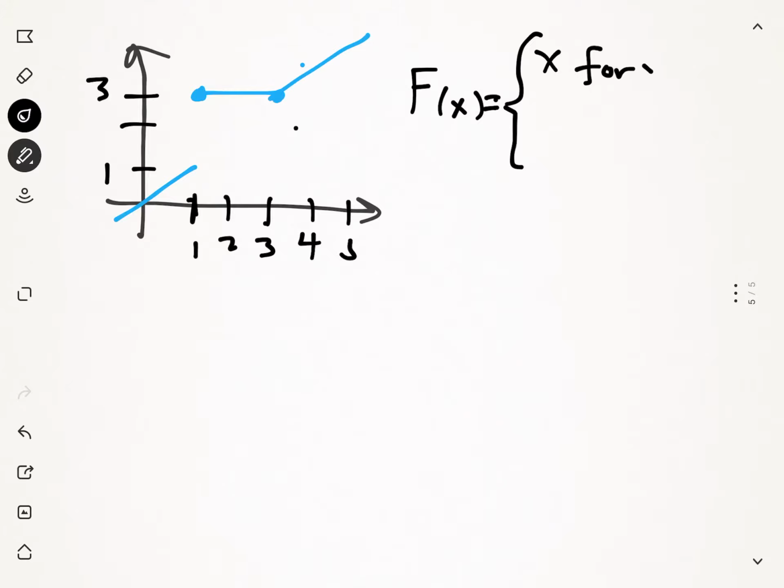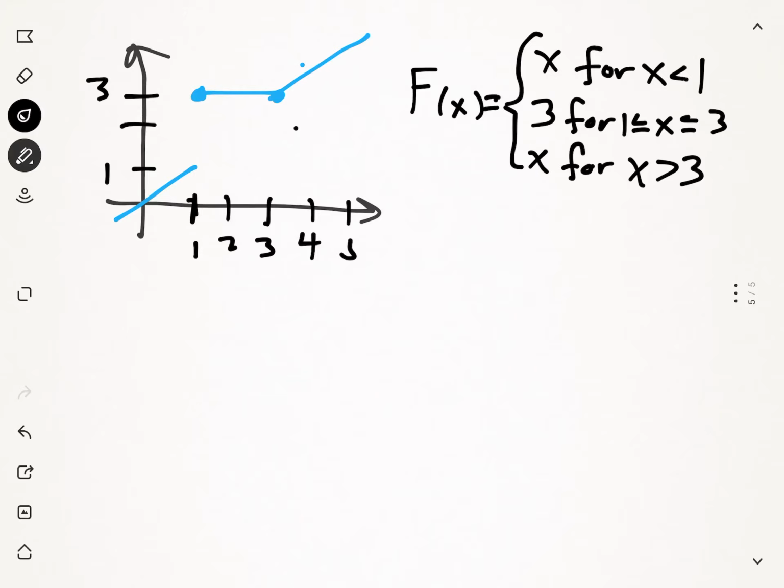The conditions are x is less than 1, x is between 1 and 3, less than or equal to 3, and x for x is greater than 3. All right, so this is f of x, this whole blue configuration.